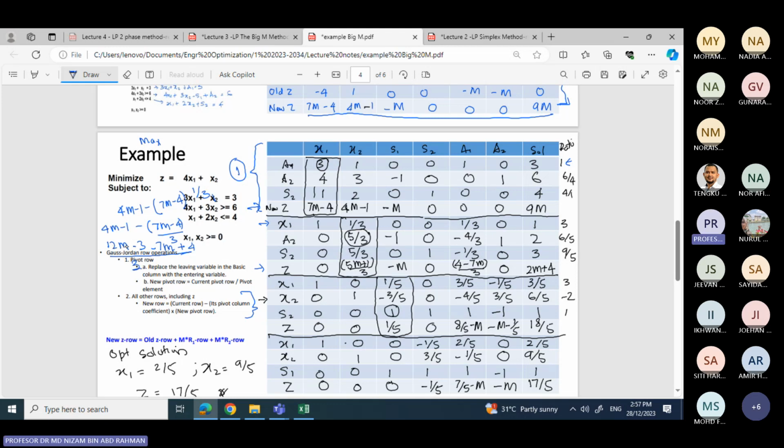Then 12m minus 7m is equal to 5m, and minus 3 plus 4 equals plus 1/3. So that's how I got 5m plus 1/3.